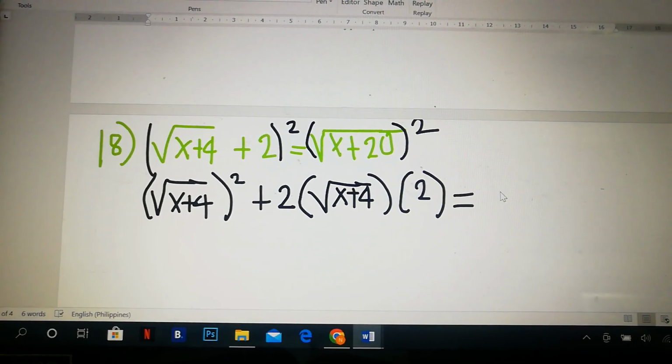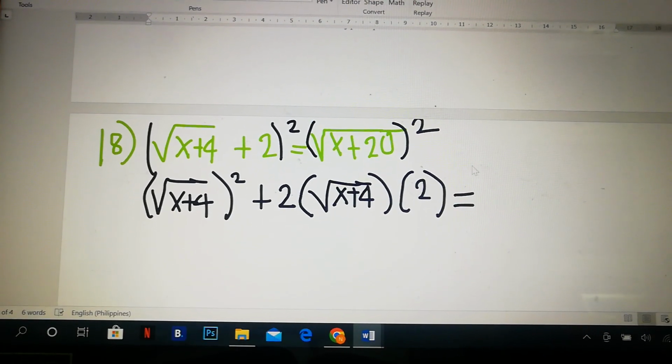So squaring square root of x plus 20, since the index is 2, then the answer is just the radical x plus 20.